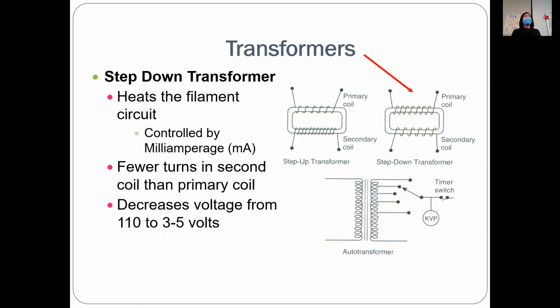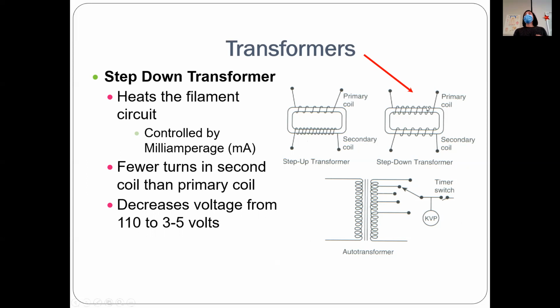So if the primary coil has fewer turns, fewer times where the coil is wrapped around it, and then it goes to the secondary coil and there's a lot more, then you're stepping up. That's stepping up the energy and it's going to increase in voltage.